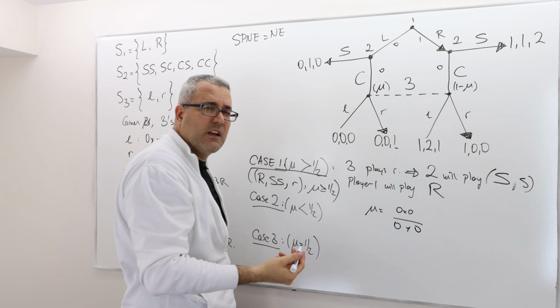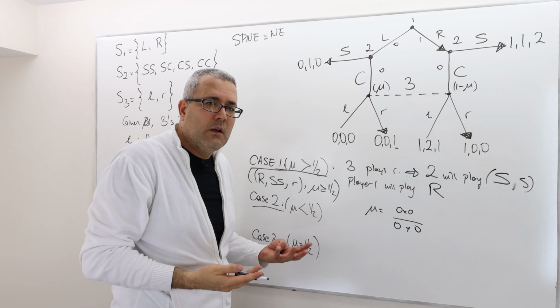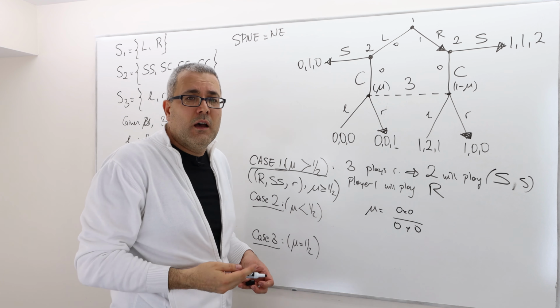So I have 0 divided by 0, undefined. I can't calculate mu by the Bayes rule.